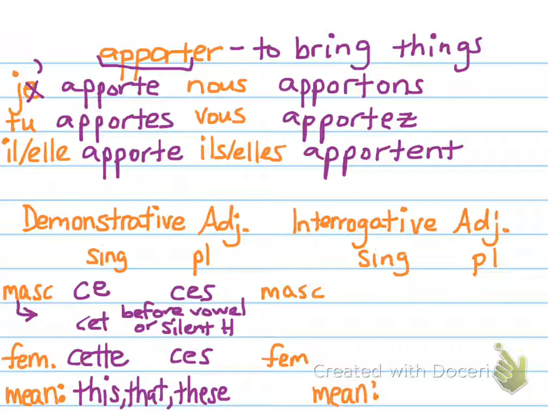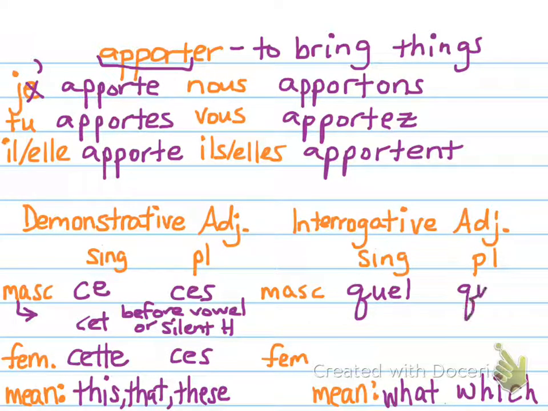We also had the interrogative adjectives in this lesson, which mean what or which. These are nice because they all sound the same, even though they're spelled differently. So it's kel, kel, kel, kel.